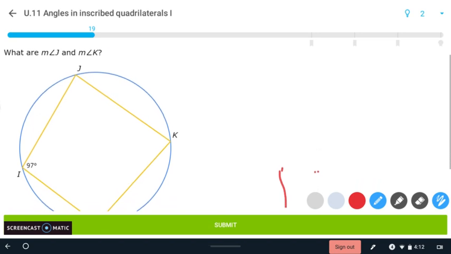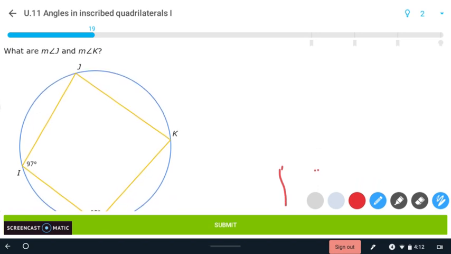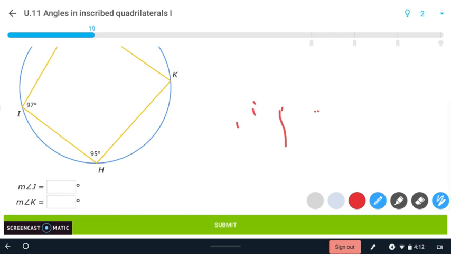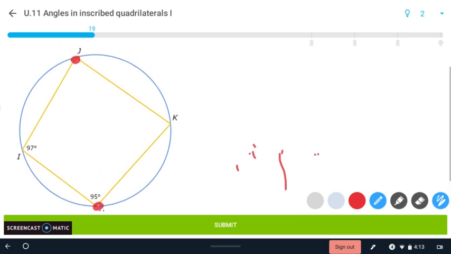Okay, so here we want to know the measures of angle J and angle K. Angle J is opposite, or across from, angle H, which is way down here. So to find angle J, we're going to do 180 minus 95, which is 180 minus 90 is 90, minus 5 is 85 degrees. So angle J is 85 degrees.